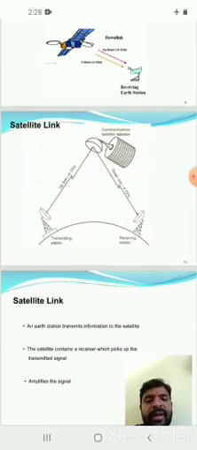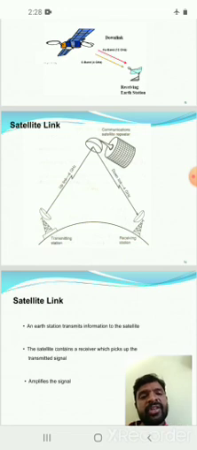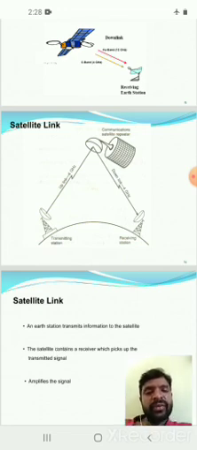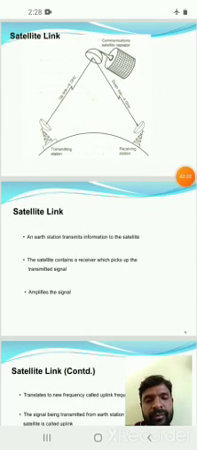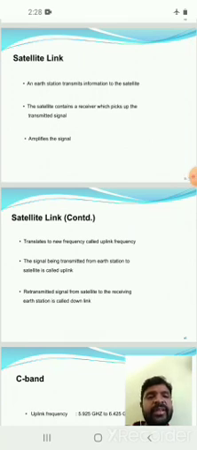Satellite link, upward or downward. Transmitting the signals from the Earth station antenna to the satellite is called the uplink frequency, approximately 6 GHz for C band. The signals received from the satellite at the receiving antenna are the downlink frequency, approximately 4 GHz for C band. An Earth station transmits the information to the satellite, and the satellite contains a receiving antenna which picks up the transmitted signal.